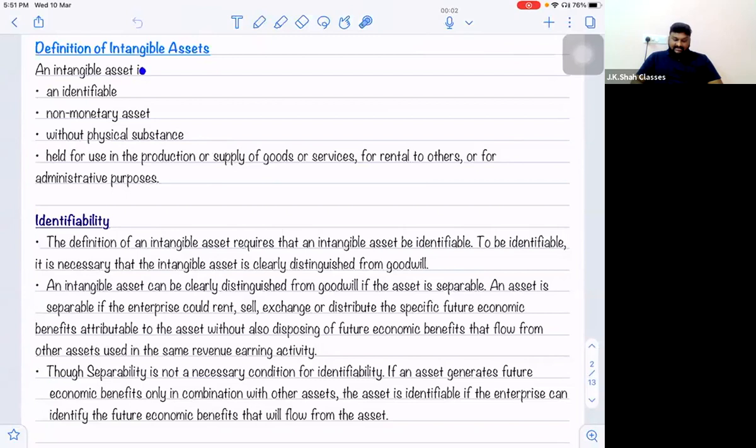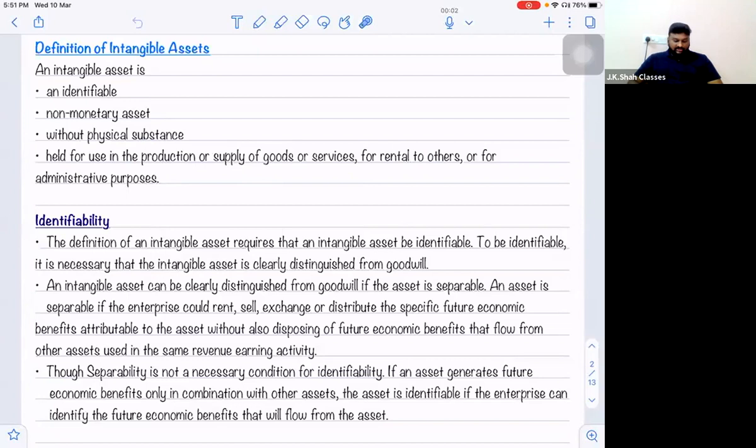An intangible asset is an identifiable non-monetary asset without physical substance, but it is held for use in the production or supply of goods or services, or for rental to others, or for administration purposes.